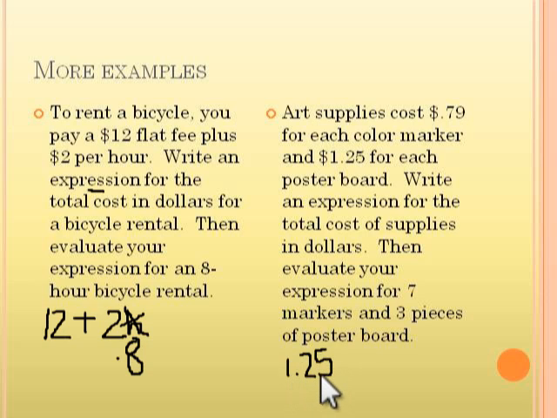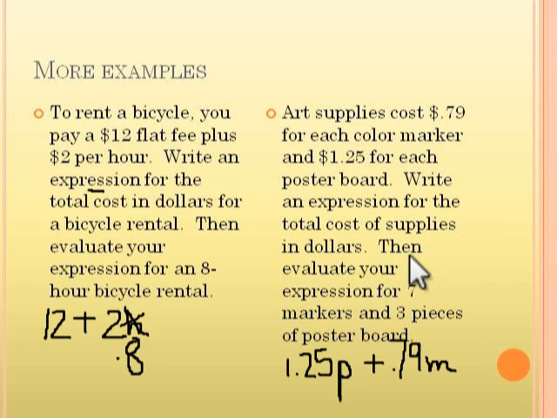And I'm going to use P for poster board. I don't know how many poster boards I'm going to have. The cost of the poster boards plus the cost of the markers. It's 79 cents a marker. And I don't know how many markers. Remember, they were looking for an expression, so no equal signs. $1.25 times P plus 79 cents times M. That's where you are so far.